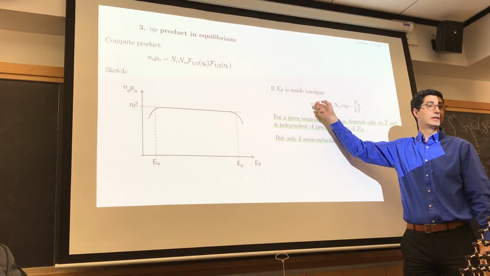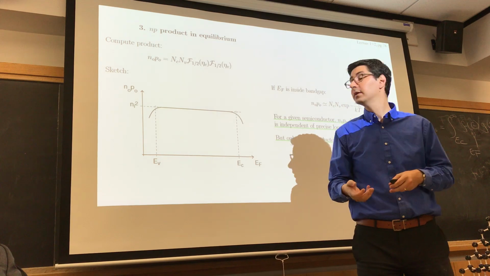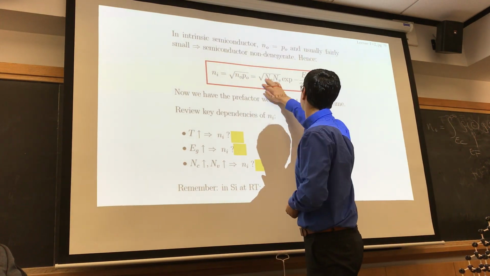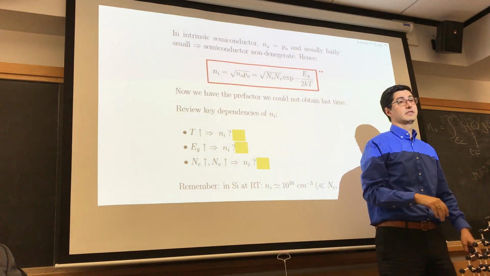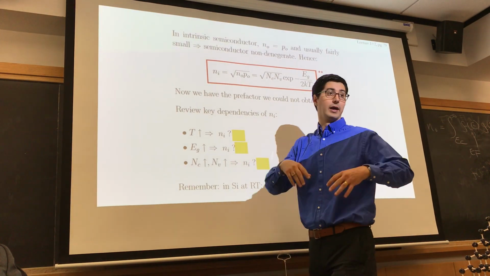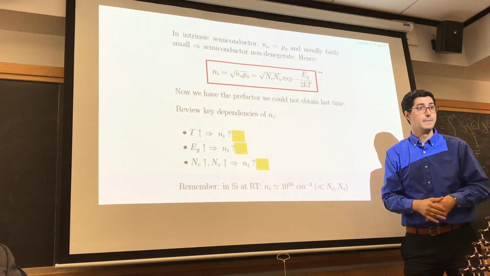Ni squared is equal to N naught times P naught, when I'm in the non-degenerate limit. I can take the square root of this function, and now I have an exact expression for Ni. Okay, before I had a proportionality for it, now I have an exact expression.